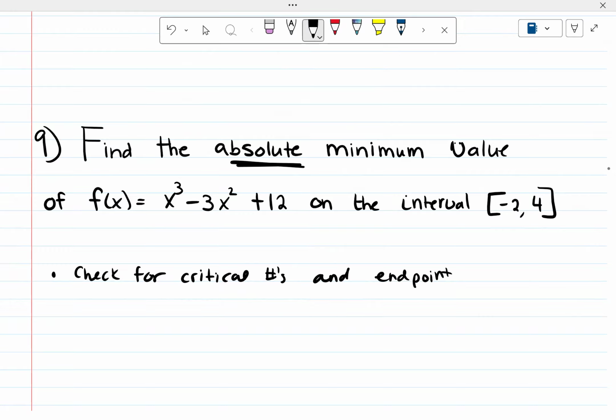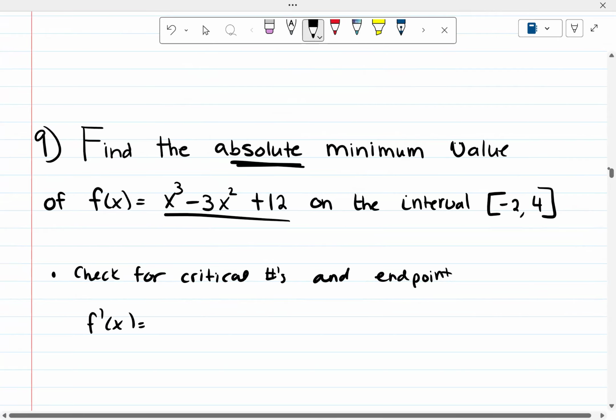So how do you find your critical values? You set f prime of x. So these are easy. The derivative of x cubed is 3x squared. The derivative of -3x squared is -6x to the 1. The derivative of 12 is 0.